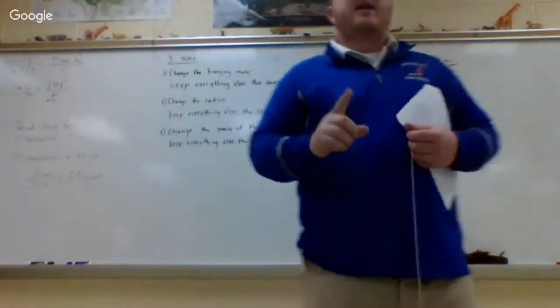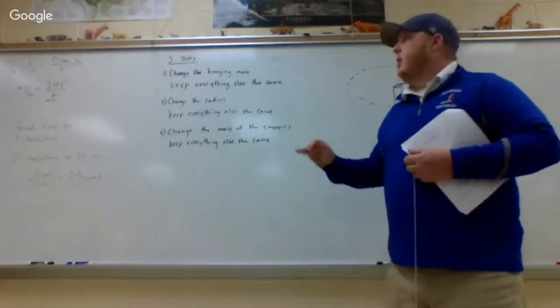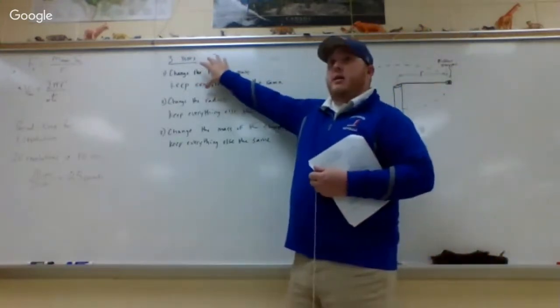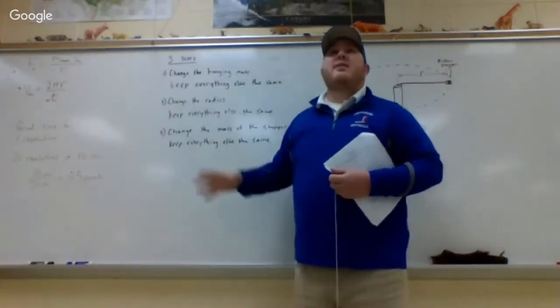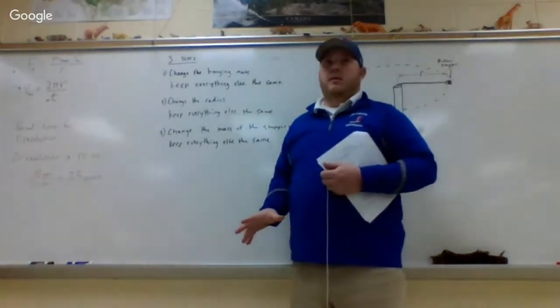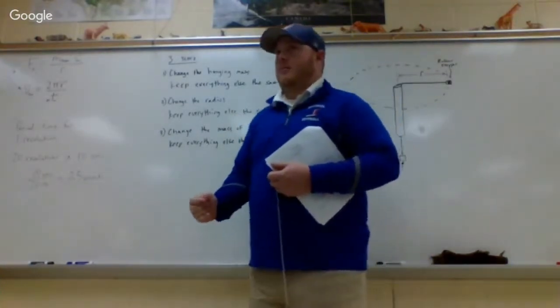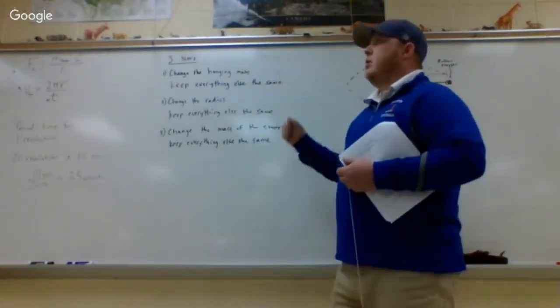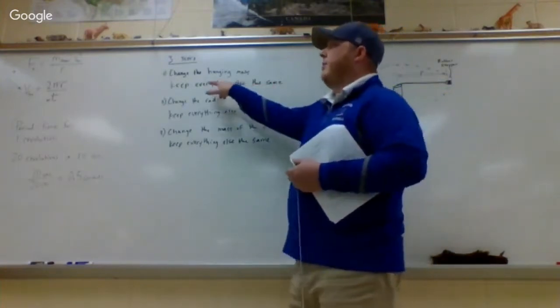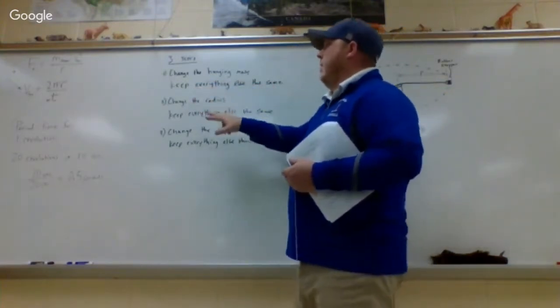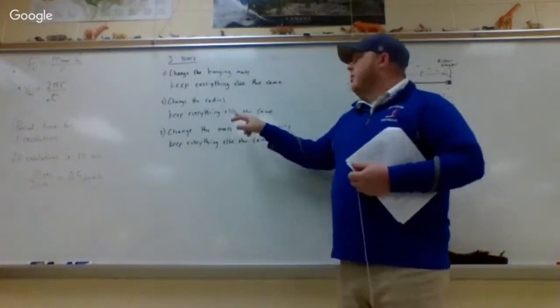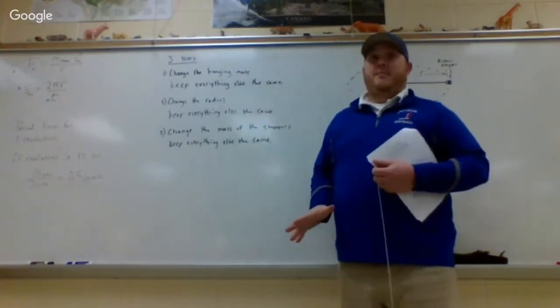When you change your mass for this first test right here, you keep everything else the same. So you keep the radius the same. You're not going to change anything about the radius. When you change the radius, you keep the mass the same.